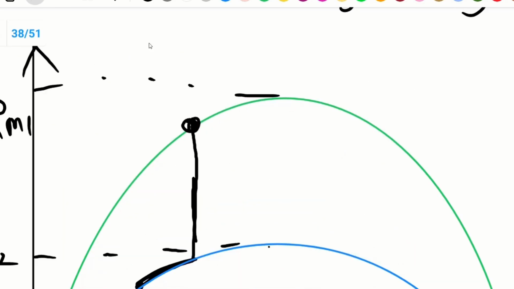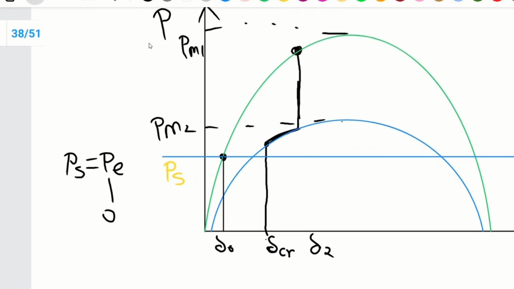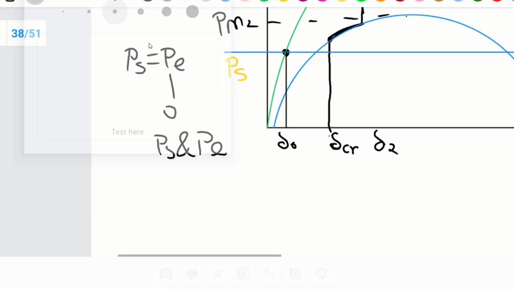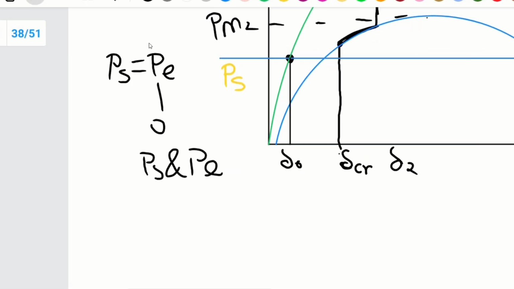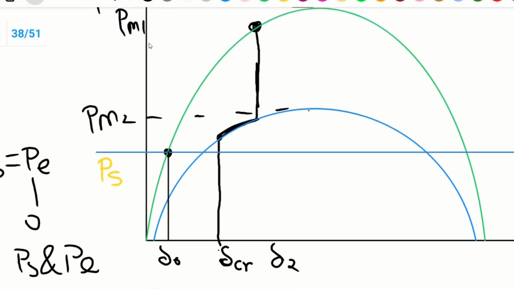Now we'll see the area between Ps and P. Initially, the area between Ps and P during the fault will be this area.